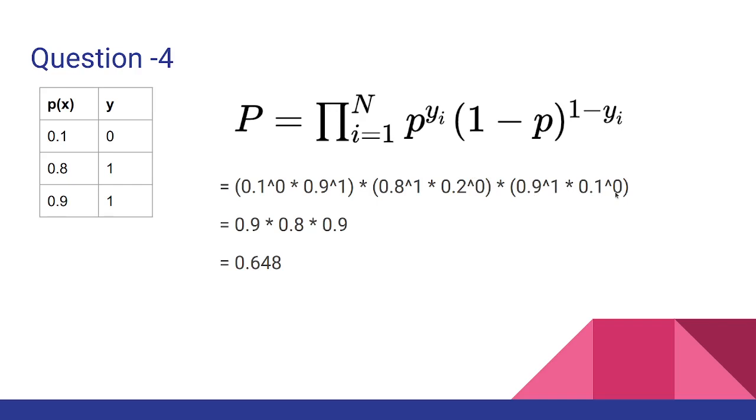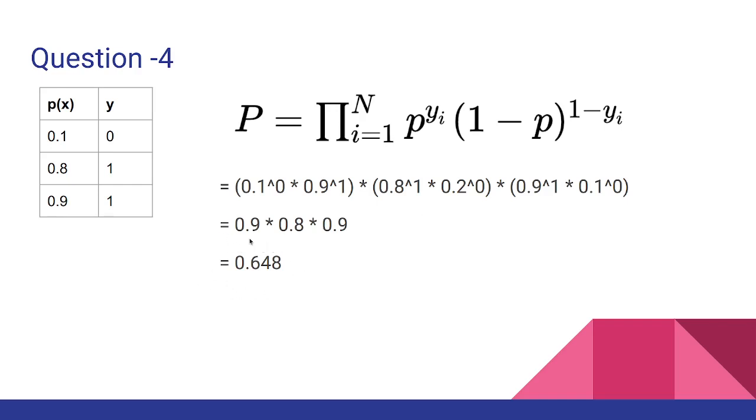So 0.1 to the power 0 is 1, and 0.9 to the power 1 is 0.9. So here we are getting 0.9 only. Similarly here we are getting 0.8, and similarly here we are getting 0.9. So if we multiply all of them, the final value is 0.6648.